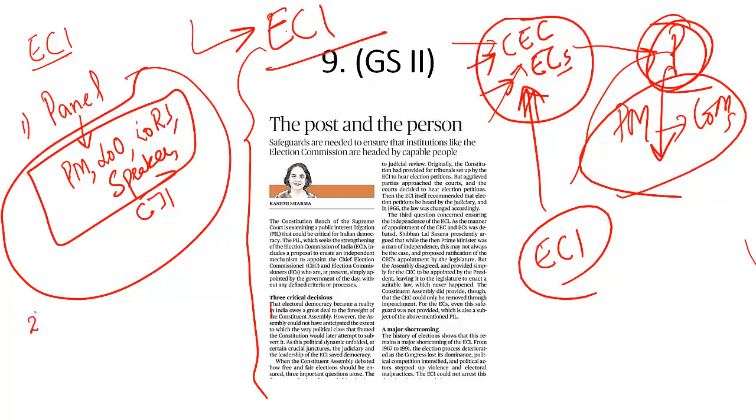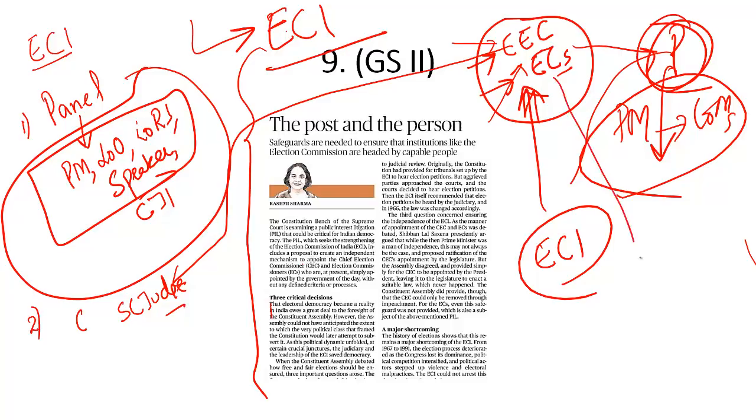Second recommendation, they mentioned that today Chief Election Commissioner can be removed just like the judge of a Supreme Court can be removed. That means based on the removal process passed by both houses of the parliament, that too by special majority. But election commissioners can be removed by the president only on the recommendation of the CEC.